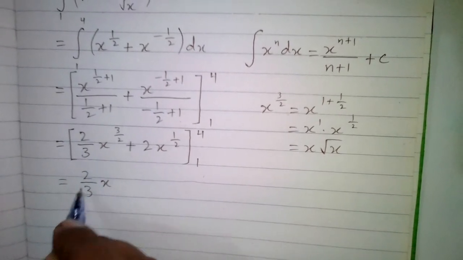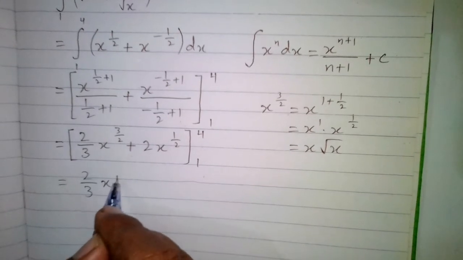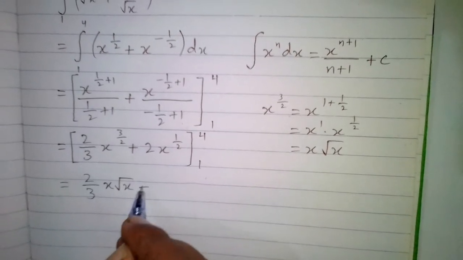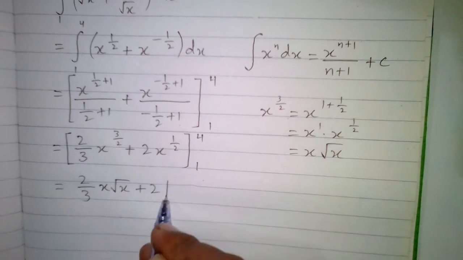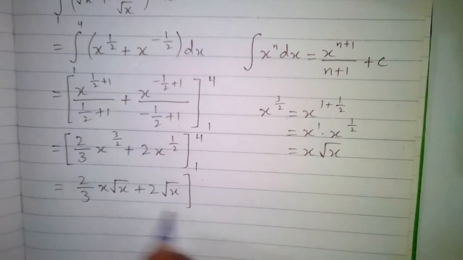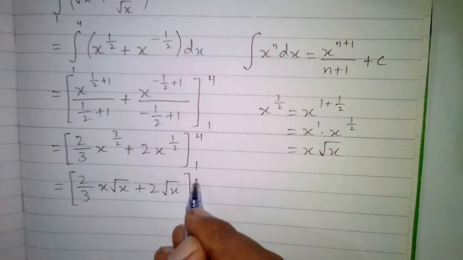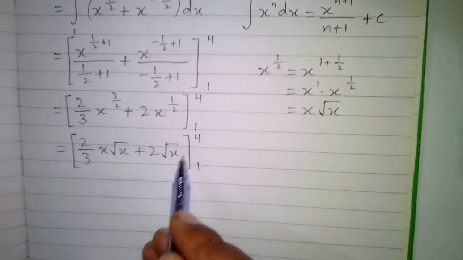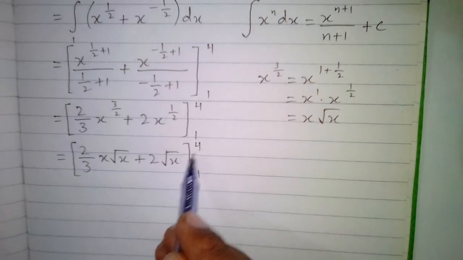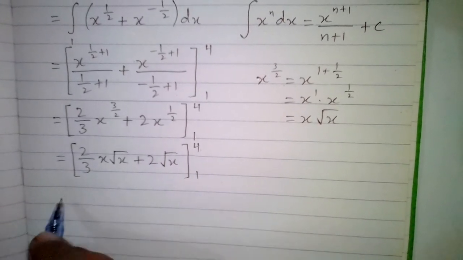So we have 2 upon 3 times x square root of x plus 2, and in place of this x to the power 1 upon 2 we can write square root of x, and then we will write the upper and lower limit. Now we can put the value of x, which is 4.